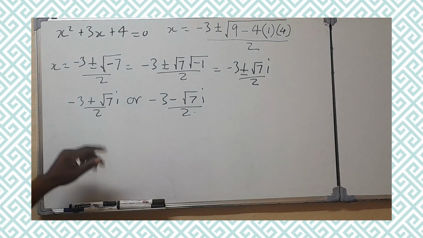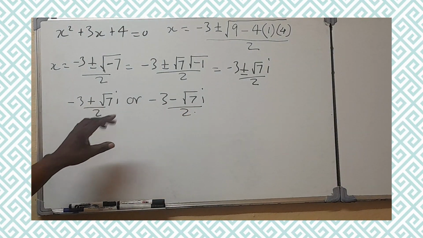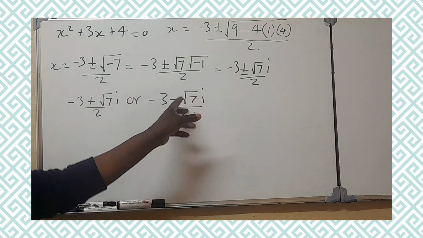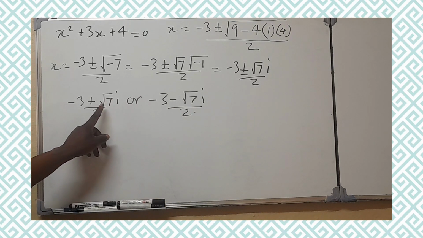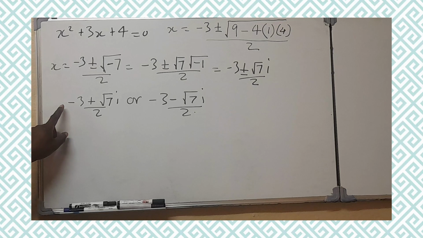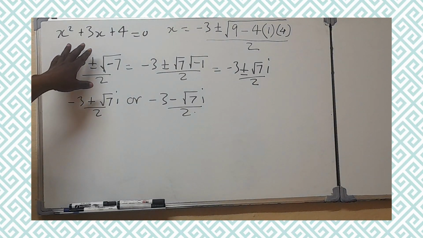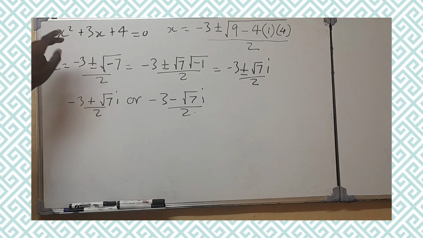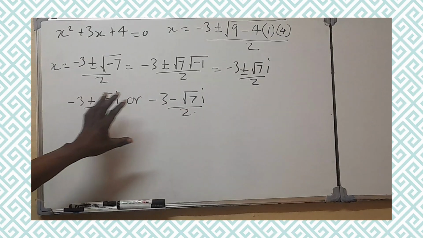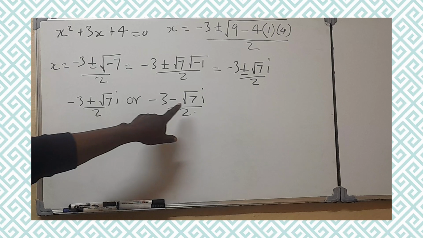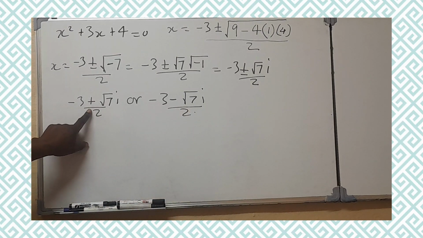These two numbers are called complex numbers. Look at the structure of them. There is an imaginary part here and a real part there. An imaginary part, this one here, and a real part there. And we noted also that whenever we run into the problem of roots which are not real for a quadratic equation, those roots always come in complex conjugates, because this here is the complex conjugate of this one.